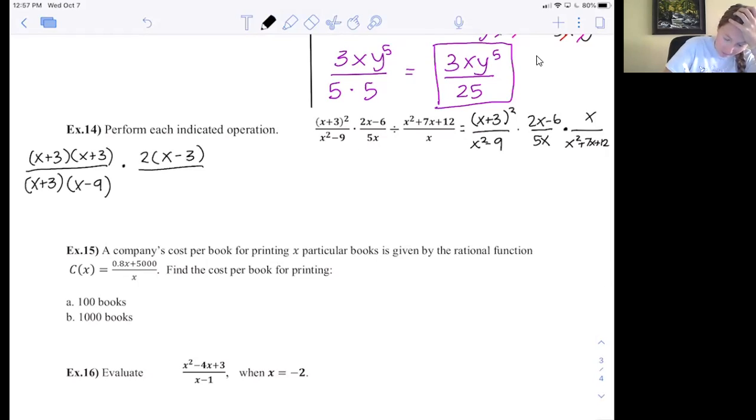And on bottom, 5x isn't going to factor, so it just stays the same. Then the next one, x is going to stay as is. And my x squared plus 7x plus 12, I need something that multiplies to give me 12 and adds to give me 7. So it's going to be 3 and 4. So I have x plus 3, x plus 4.